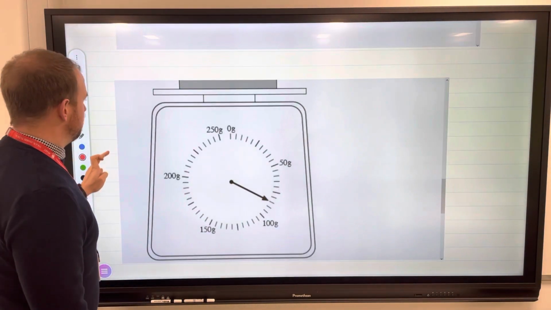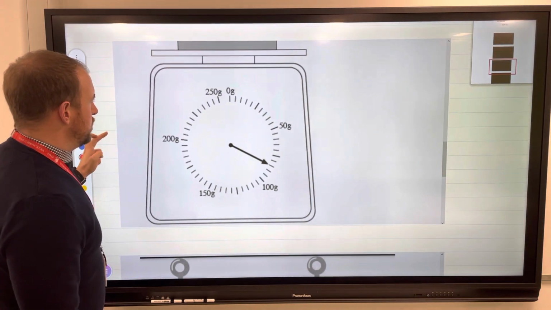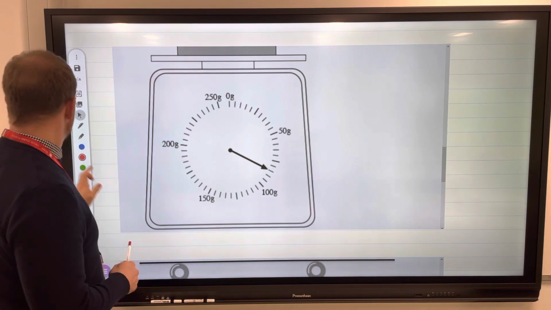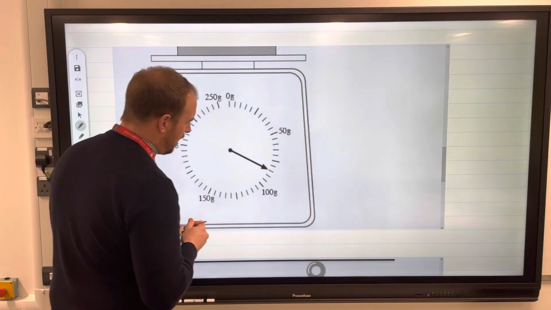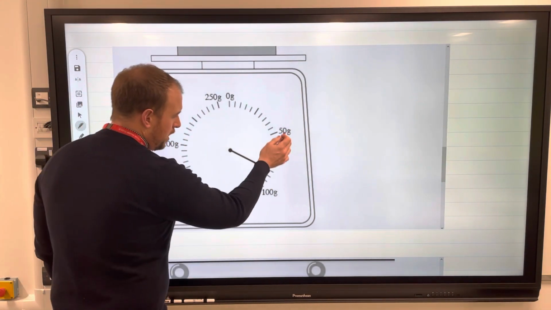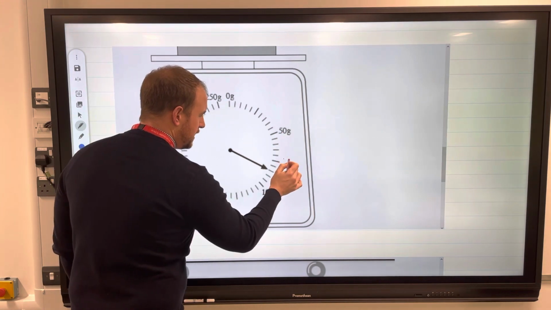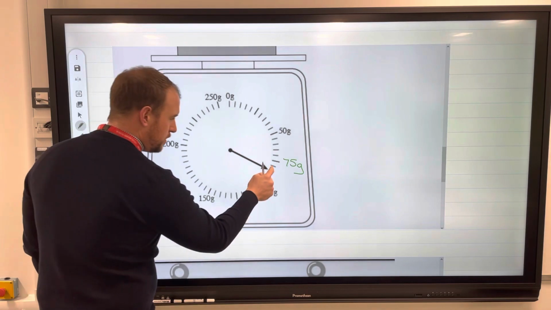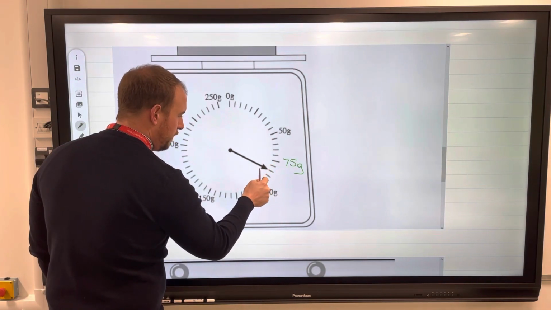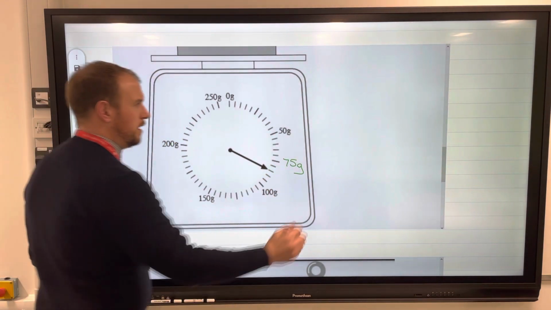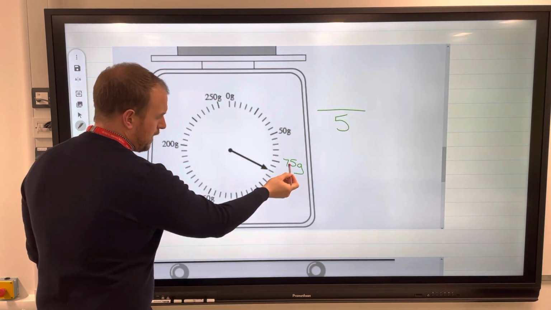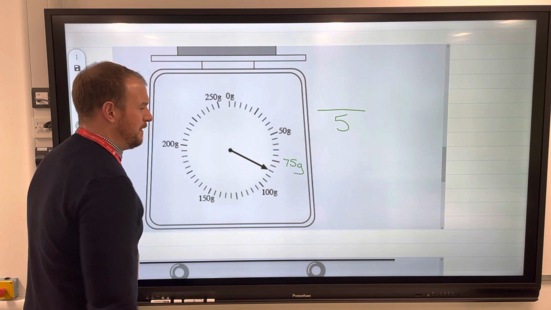This one here then. So the information we know, we have 0, 50, 100. So let's fill in something that we can work out easily. Halfway between 50 and 100 is 75. Count the gaps. 1, 2, 3, 4, 5. Okay, we have 5 gaps. But how many grams do we have between 75 and 100?